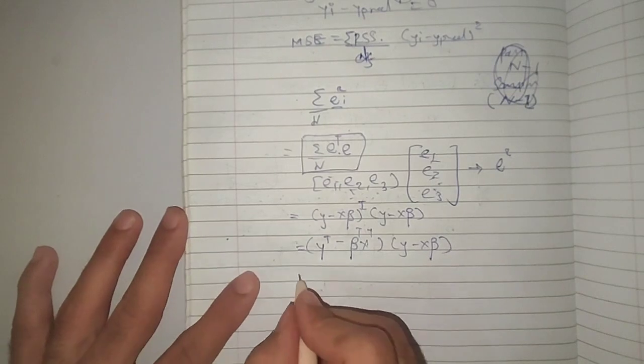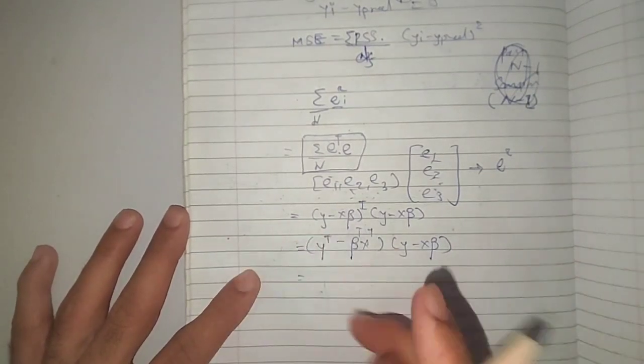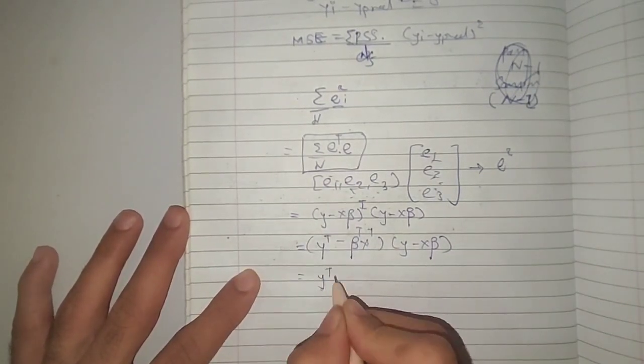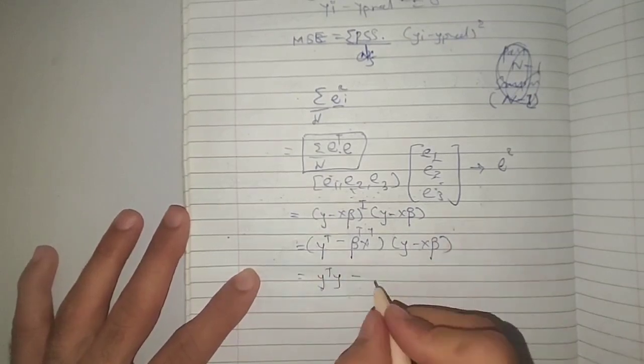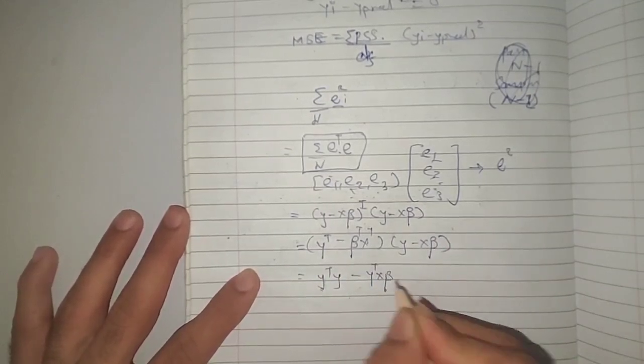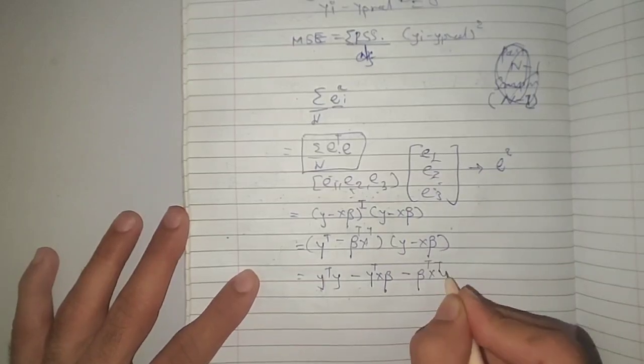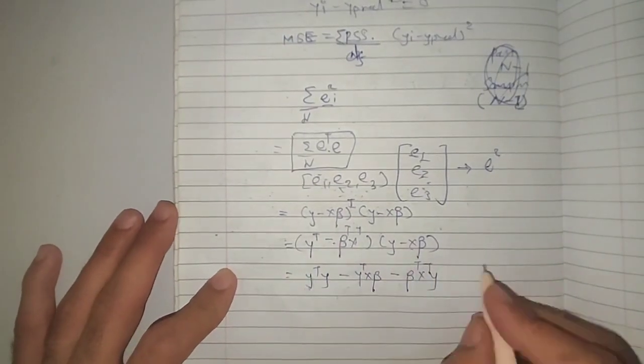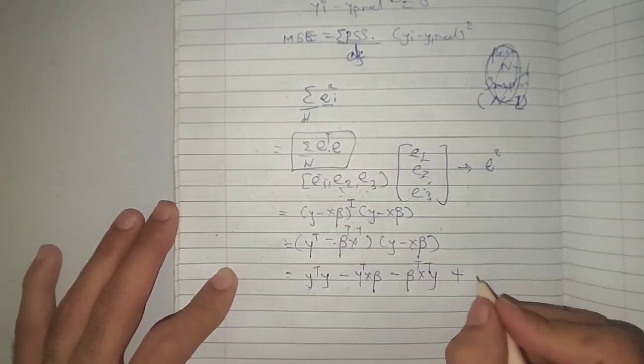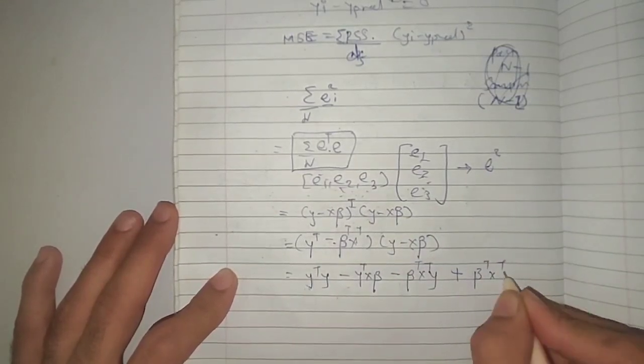Okay, now let's solve it. Let's expand it: y transpose y minus y transpose X beta minus beta transpose X transpose y, then minus minus plus beta transpose X transpose X beta.